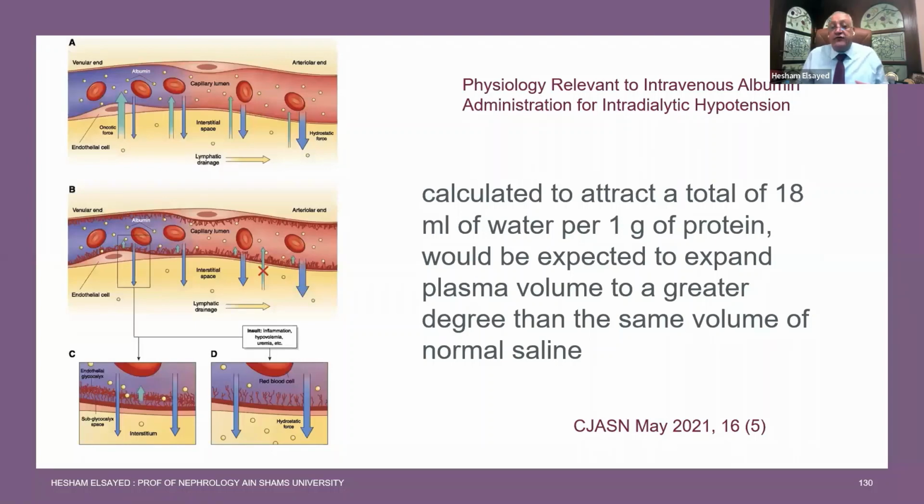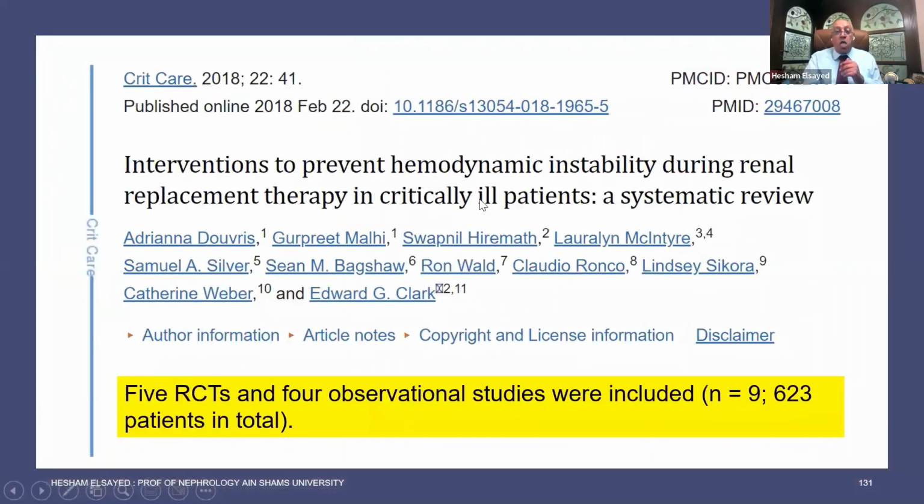So if you are using, for example, 100 cc of 20% albumin, you get 20 grams of albumin, which can immediately draw 360 milliliters from the interstitial space at once. So you can give 100 milliliters of human albumin 20% to compensate for the intradialytic hypotension habit at the start of the dialysis.